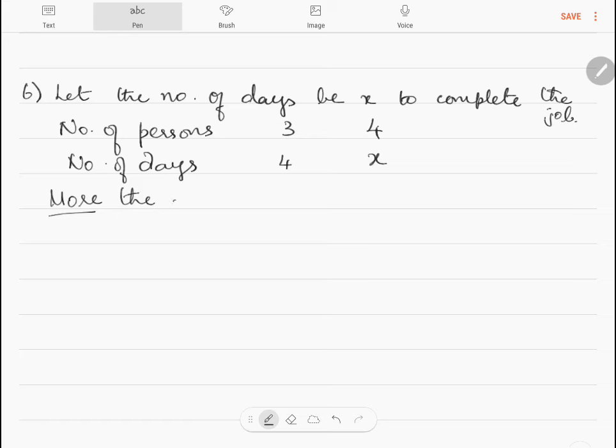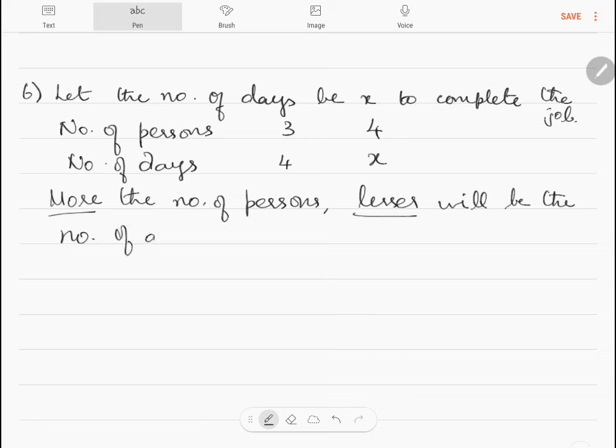So the more the number of persons, the lesser will be the number of days required to complete the job.